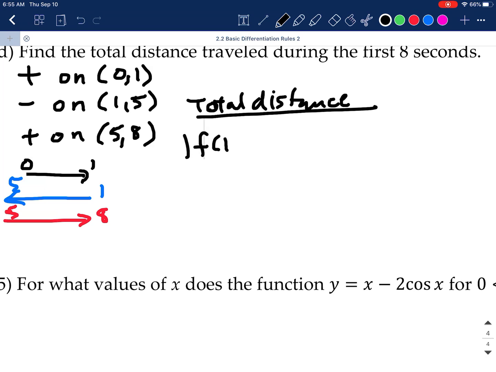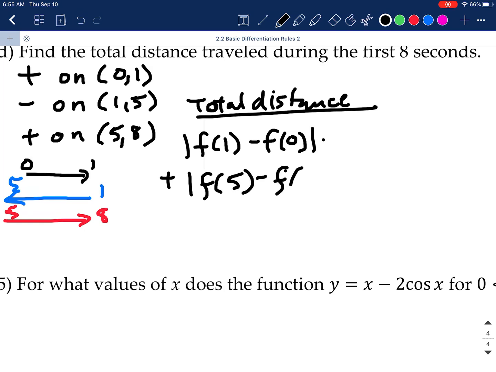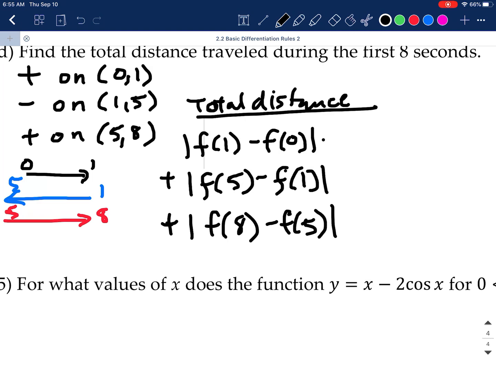is going to equal the change in position from 1 to 0, plus the change in position from 1 to 5, plus the change in position from 8 to 5.